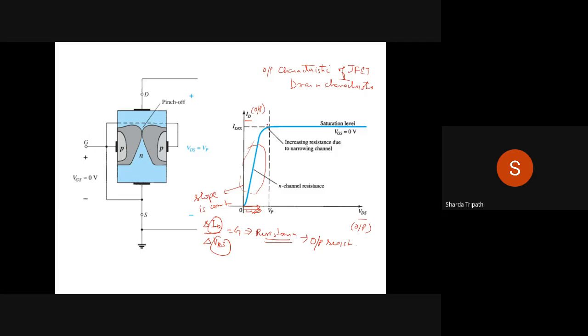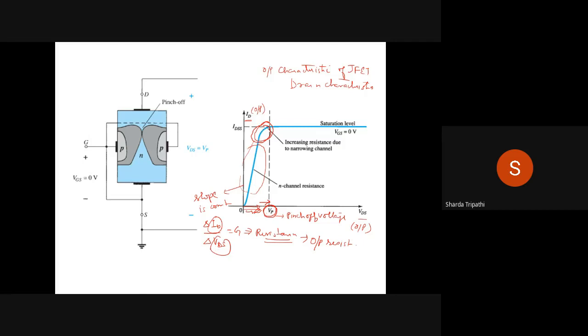Then I want you to observe this part. Here, as you increase VDS further and it approaches this voltage which is shown as VP over here, VP stands for pinch off voltage. So as VDS is approaching VP, तो क्या हो रहा है? The slope is reducing.